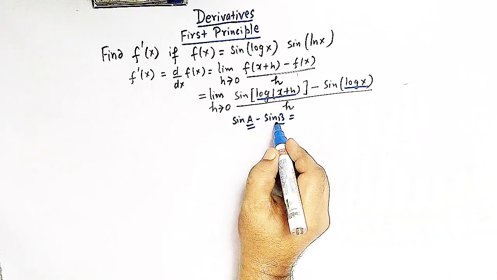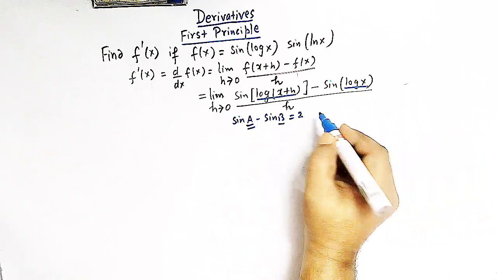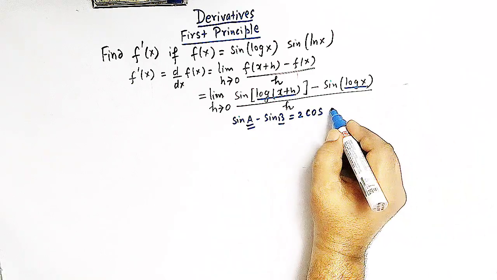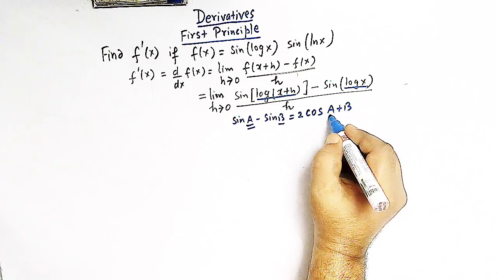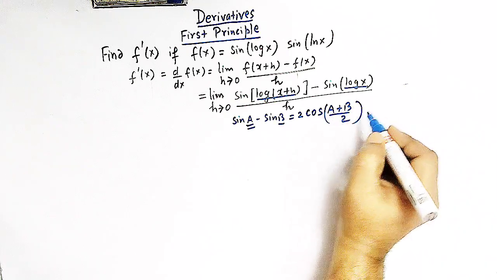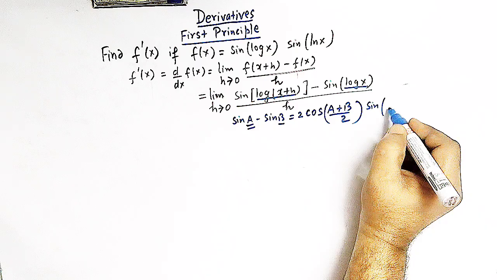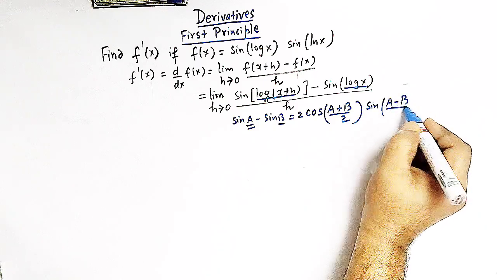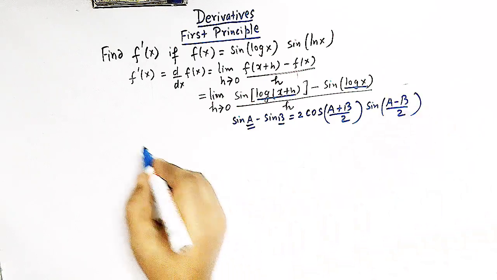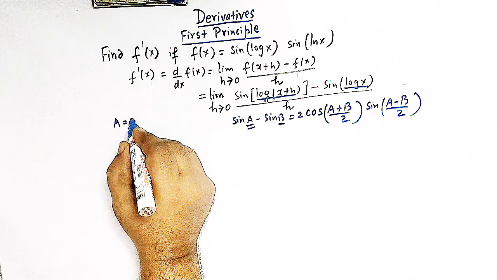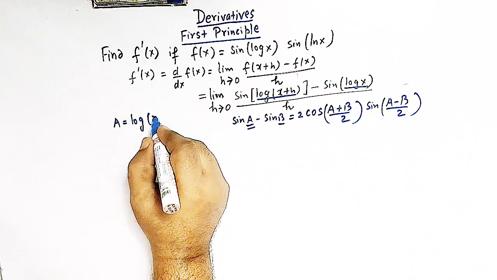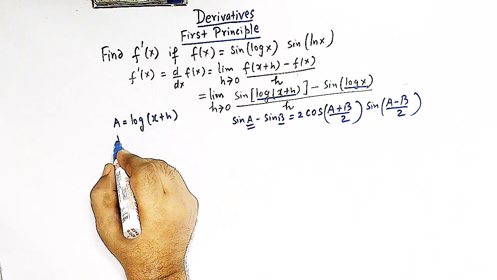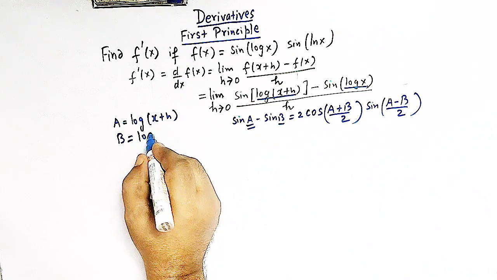So sine a minus sine b is equal to 2 times cosine of a plus b over 2, and here we have sine of a minus b over 2, where a is log of x plus h and b is log of x.